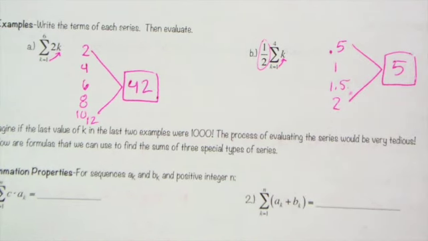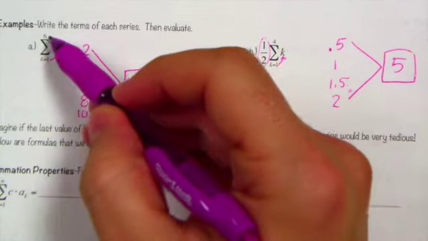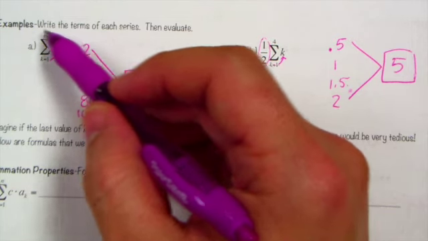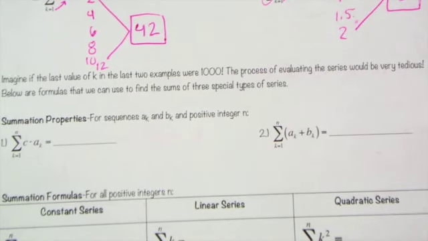Now this works really well when we have a small amount of numbers that we need to add. Imagine if we had the last value said like 1,000 on the top. What if it was like 1 through 1,000 and I had to make 1,000 numbers and add up all 1,000 numbers?